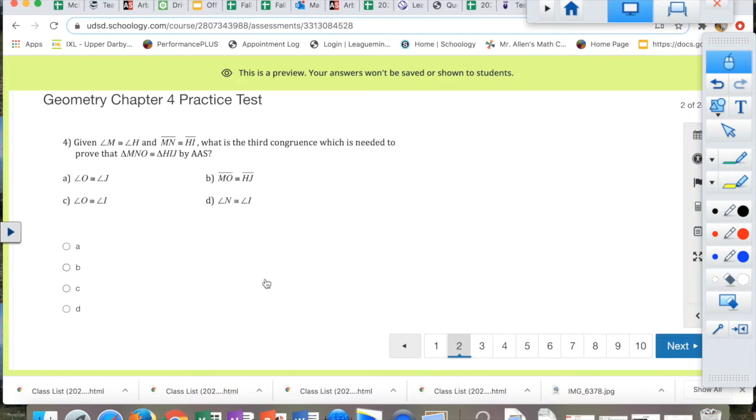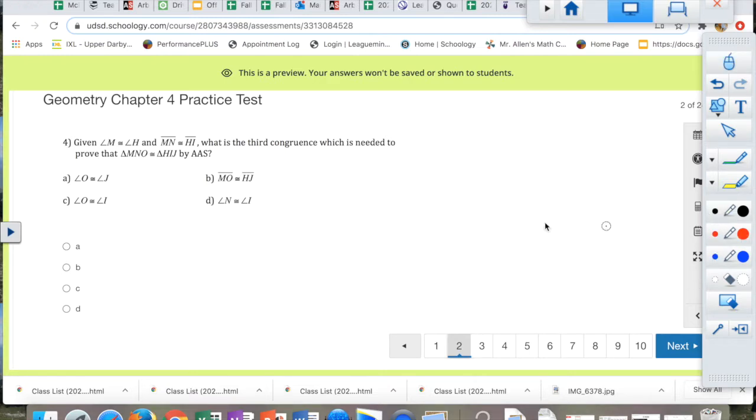Next, given that angle M is congruent to angle H, and that side MN is congruent to HI, what is the third congruence which is needed to prove that triangle MNO is congruent to HIJ by angle, side?